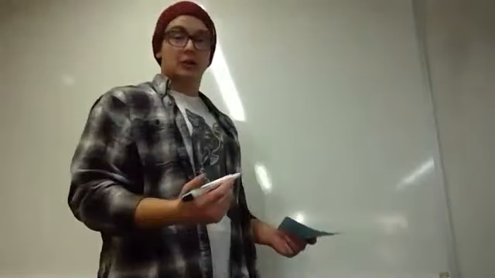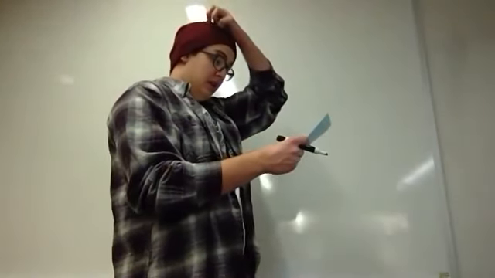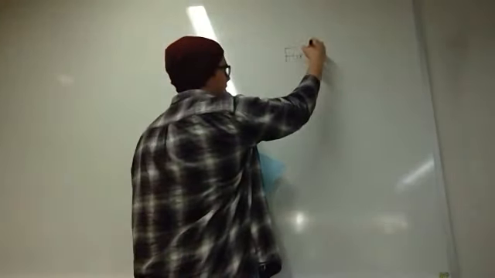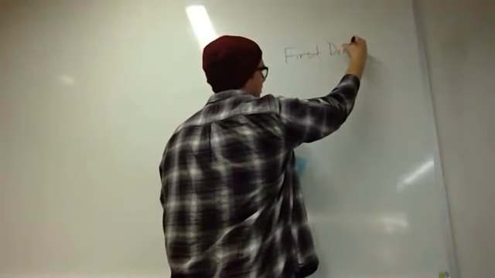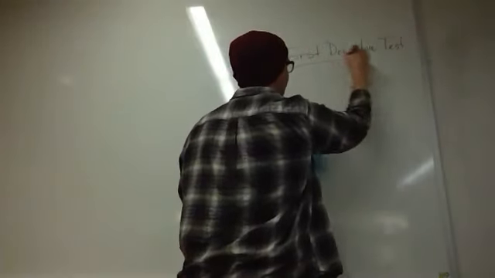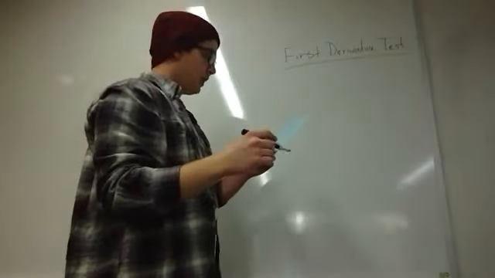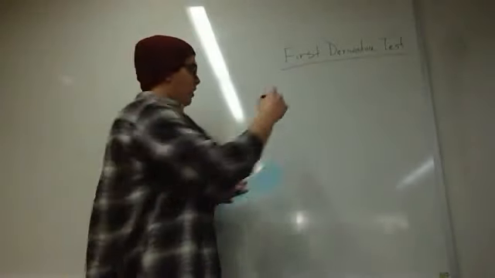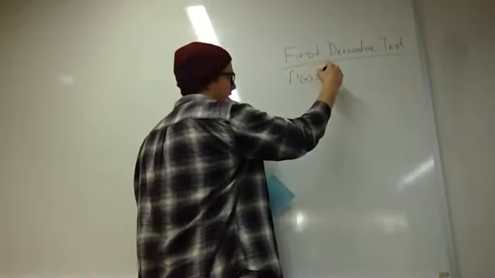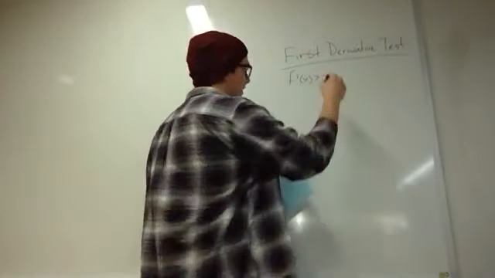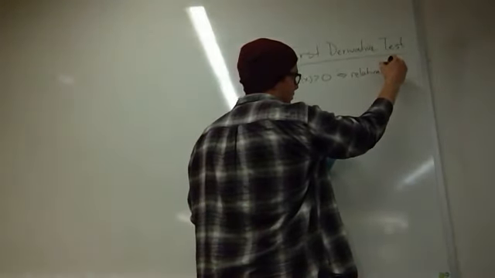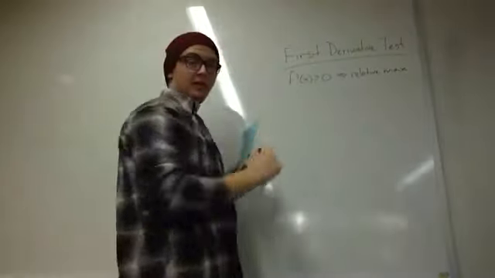Okay, so back to the first derivative test. The first derivative test gives us relative values of our graph. So if our f prime, our first derivative, our slope, if our f prime of x is greater than 0, then our x value is going to be a relative max, at the end of that slope.